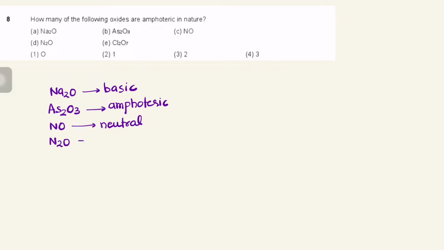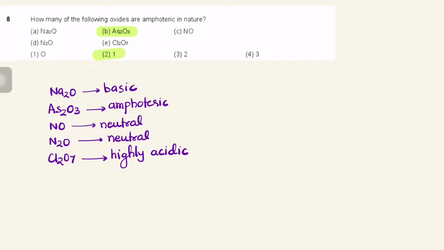N2O is also neutral. And Cl2O7, that is anhydride of perchloric acid, is highly acidic. So how many of these are amphoteric in nature? So amphoteric is As2O3 and Sb2O3. That's all. These are the only amphoteric, so that is the second one.